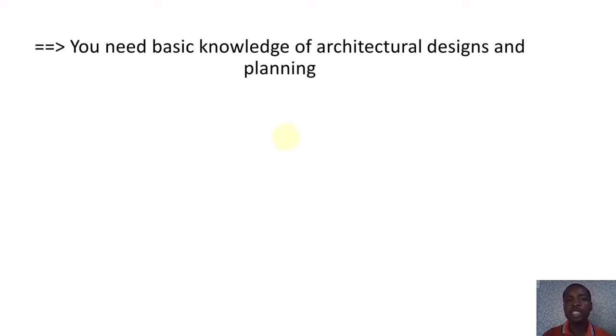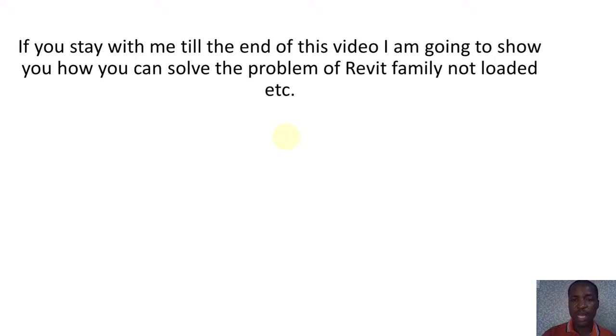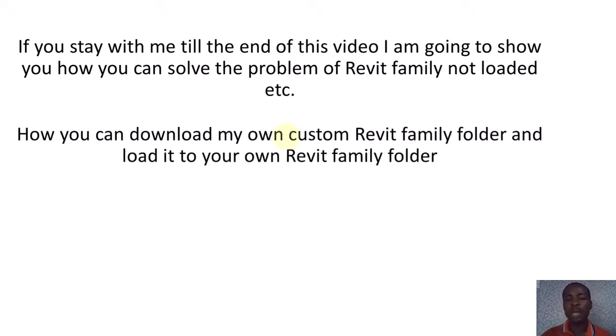And you need basic knowledge of architectural design and planning, because what we teach here is Revit Architecture, and we believe that you already know how to design. The interpretation of what you know how to design into Revit is what we teach here. If you stay with me to the end of this video, I'm going to show you how to solve the problem of Revit family not loaded, and several problems like that.